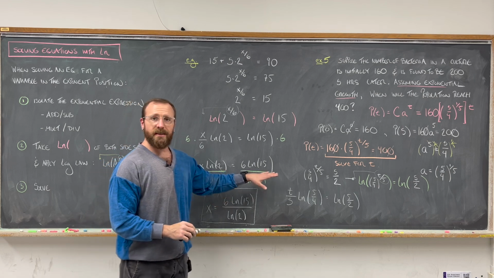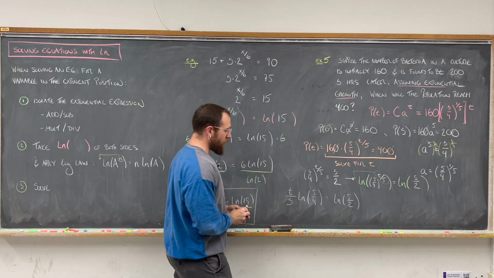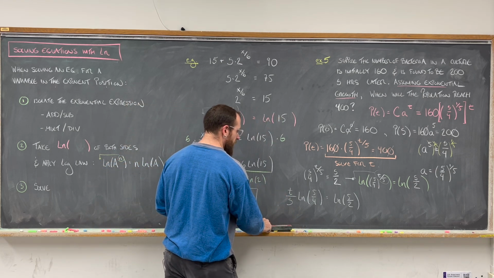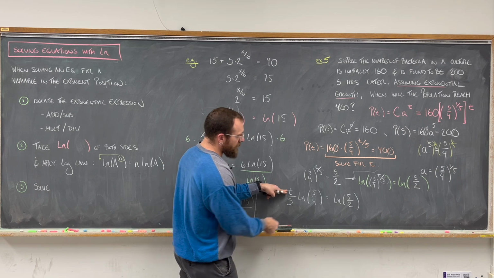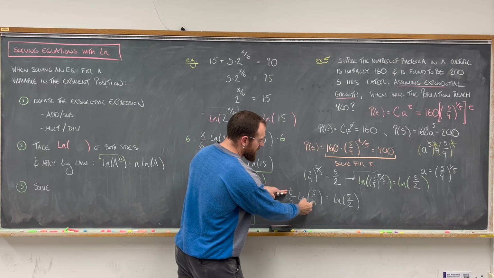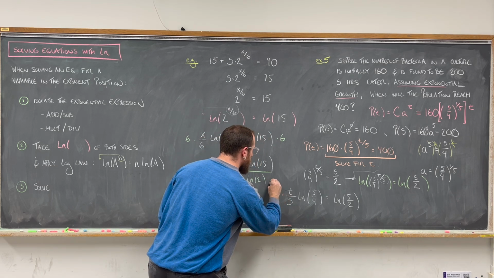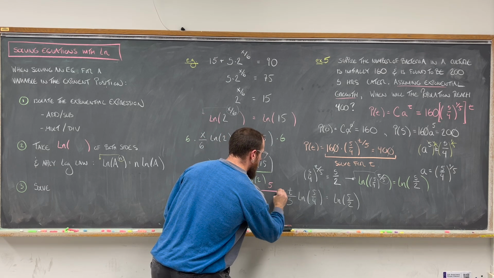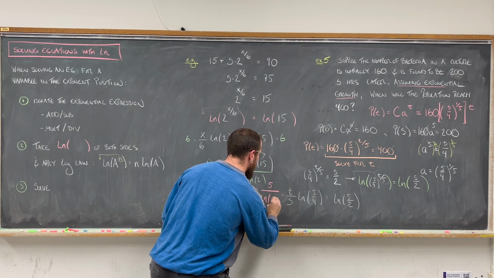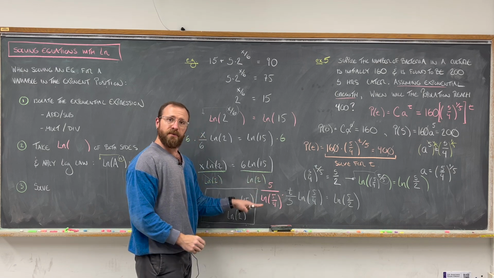And now I want to isolate the t, and I can do it actually in just one step. Currently, this t is being multiplied by ln of 5/4 and divided by 5. Well, to undo that, I will multiply it by 5 and divide it by ln of 5/4. That is to say, I'm going to multiply it by this fraction.